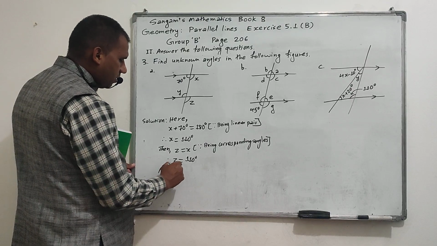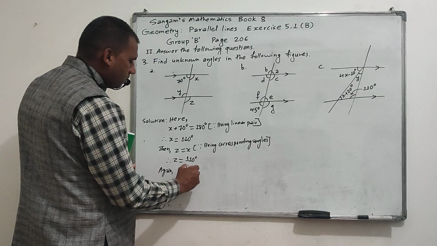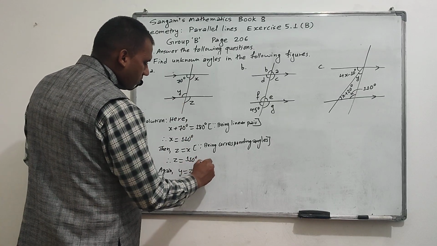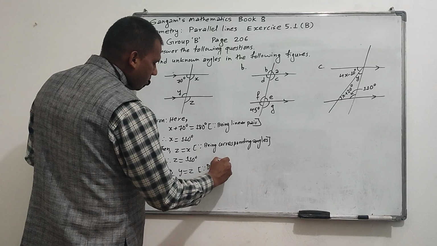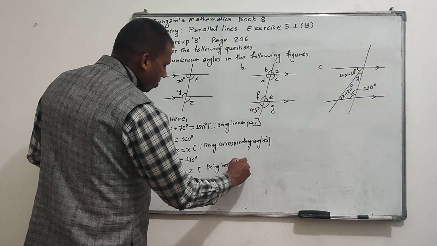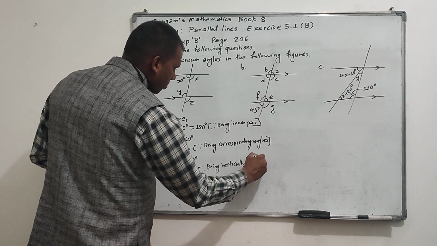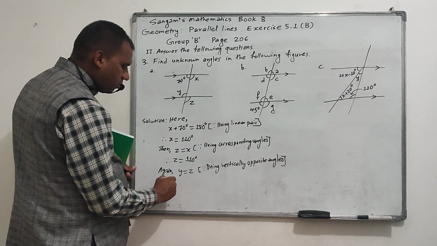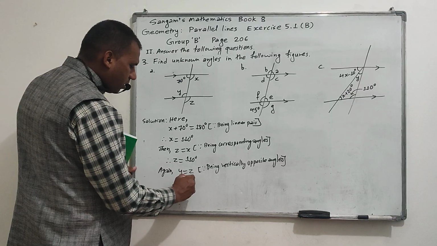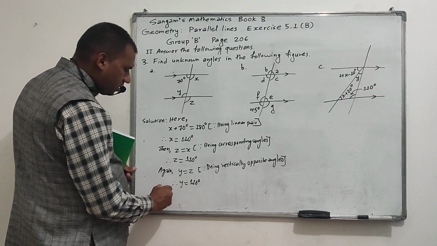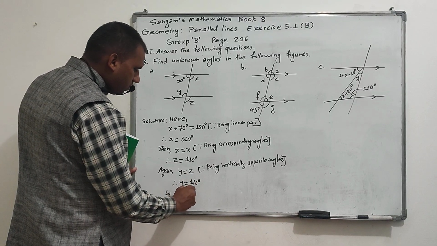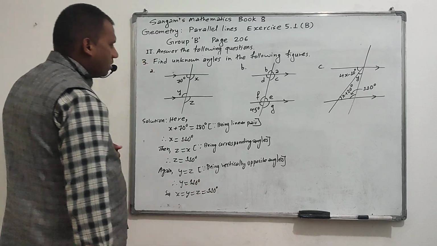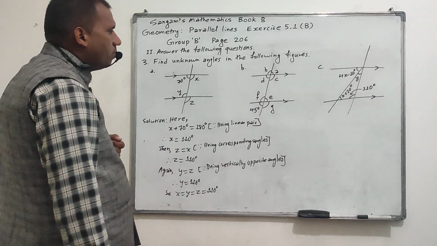Again, y equals z, because y and z are vertically opposite angles. Therefore y equals 110 degrees. So x equals y equals z equals 110 degrees. This is the answer.